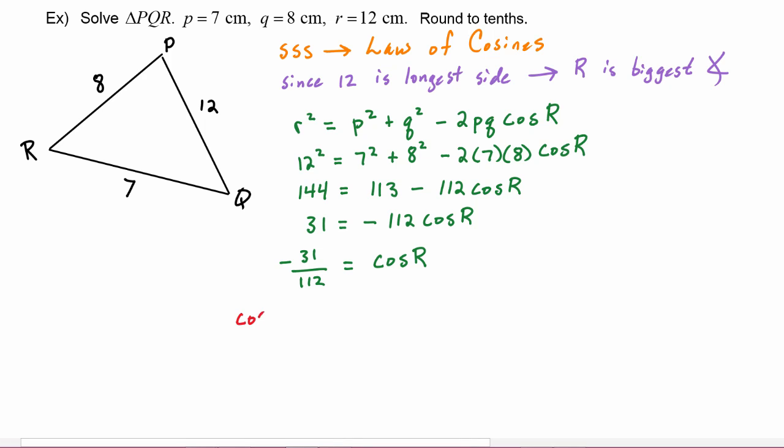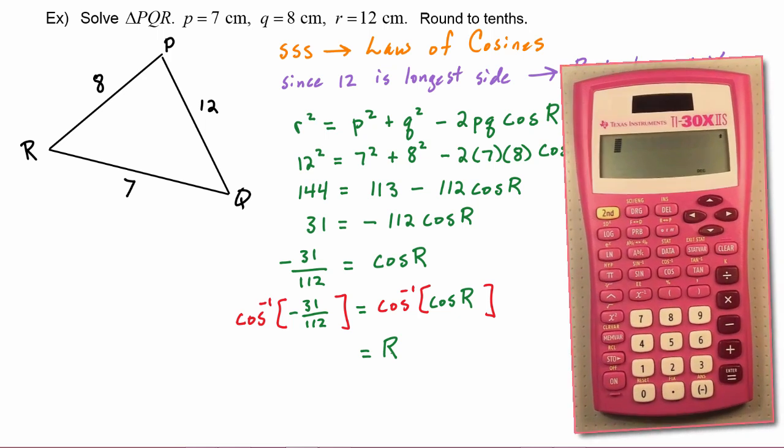So we'll take the cosine inverse of the left-hand side, which is negative 31 over 112. And that has to equal taking the cosine inverse of the right-hand side, which is cosine of r. The right-hand side becomes r.